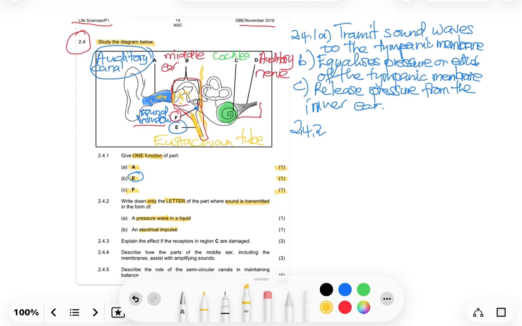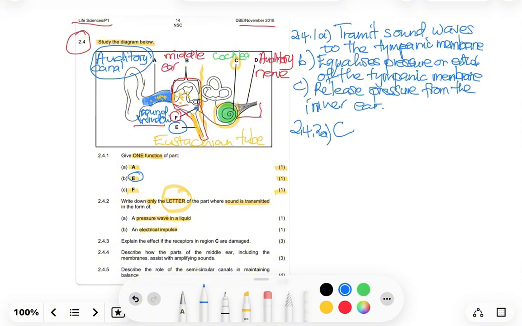So this part where the sound is transmitted in form of pressure waves would be this part, which we labeled as C, which is the cochlea. So our examiner is asking us for the letter only, so we're going to answer this question by saying C.